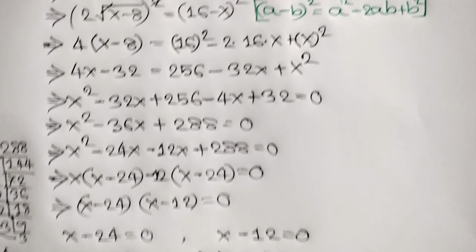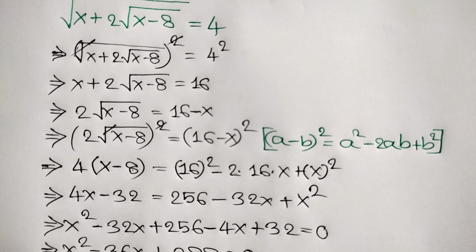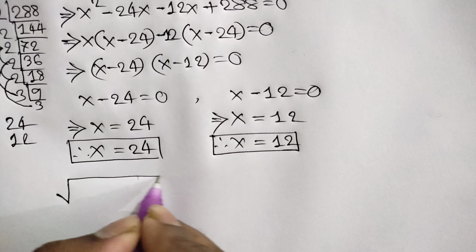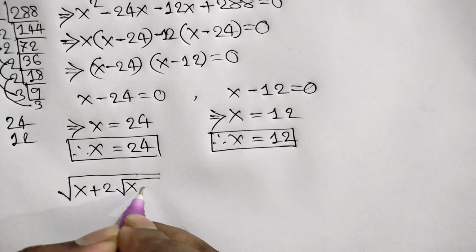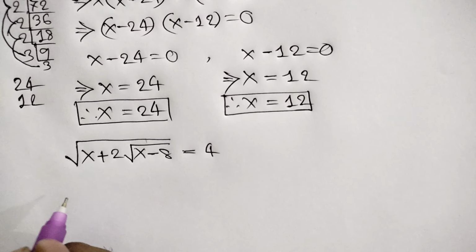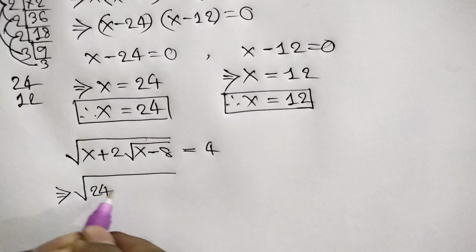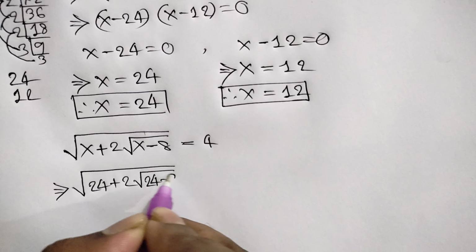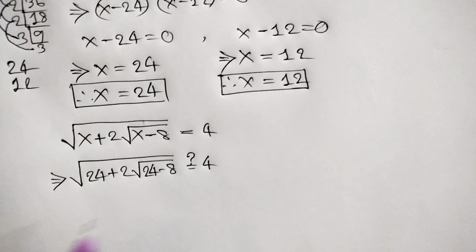Our question is square root of x plus 2 times square root of x minus 8 is equal to 4. Here x is equal to 24, so we can write square root of 24 plus 2 times square root of 24 minus 8. Is it equal to 4?